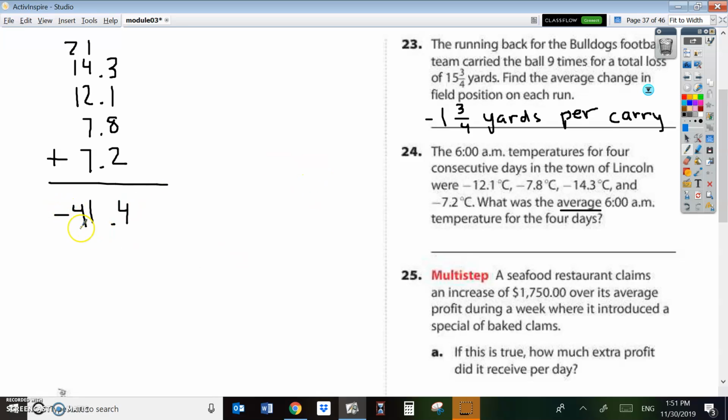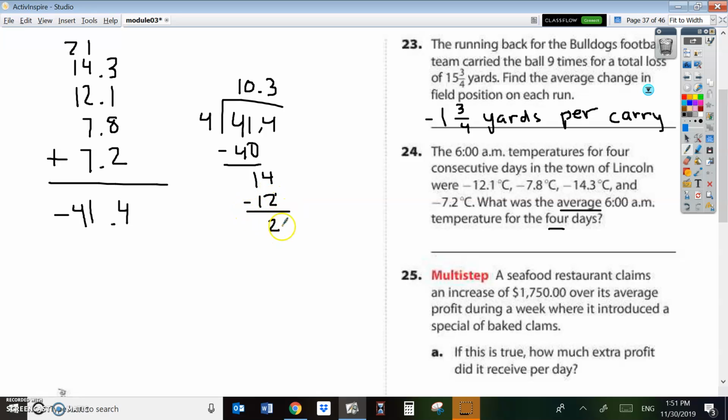And then divide that by 4 because they're 4 days. 41 4/10 divided by 4, okay, gives you 1, 10, 40. Subtract, we get 1, bring down the 4, and it looks like 3, 12.